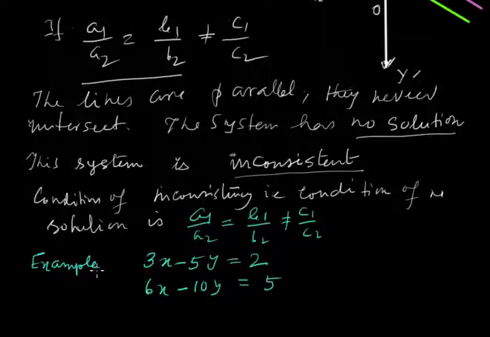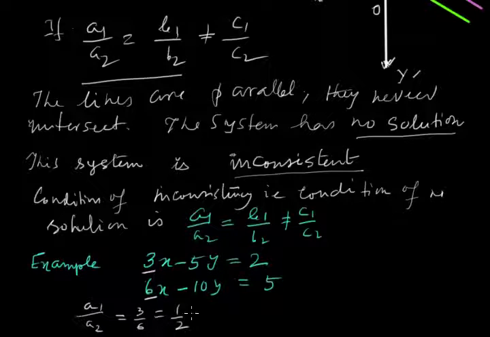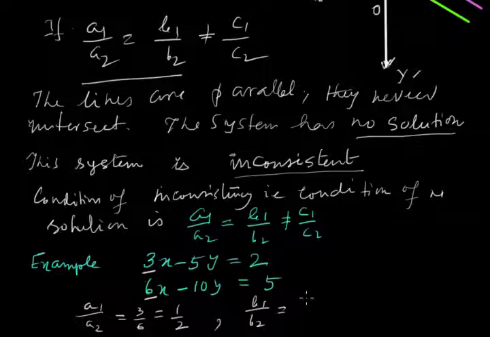So if you see, the value of a1 is 3 and a2 is 6. 3 by 6, so that is half. b1 by b2 is minus 5 by minus 10.